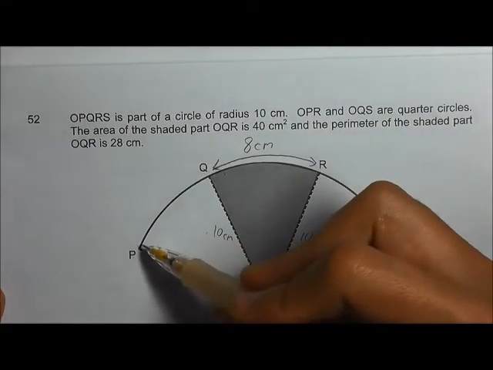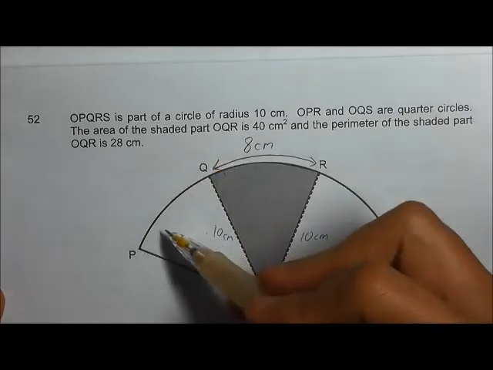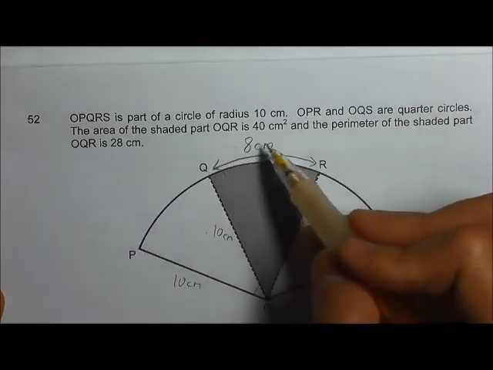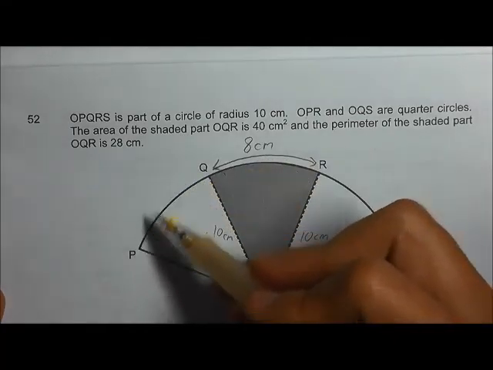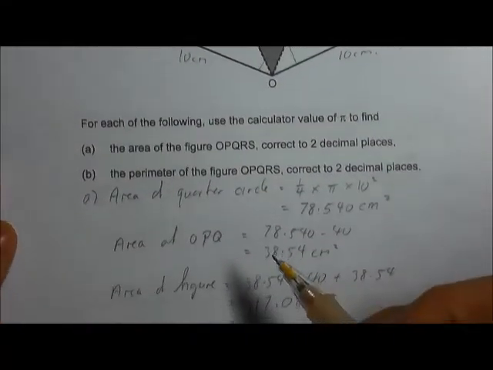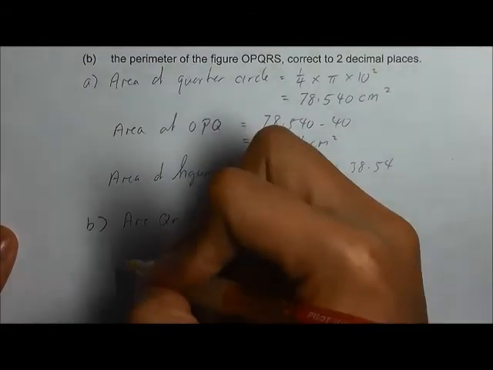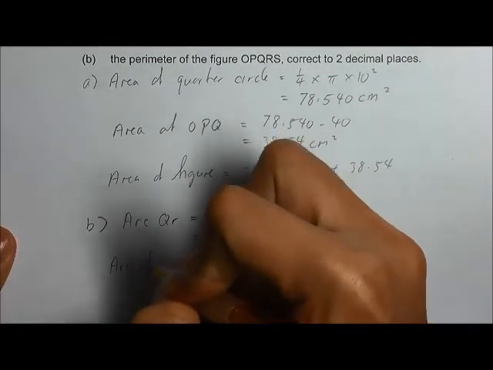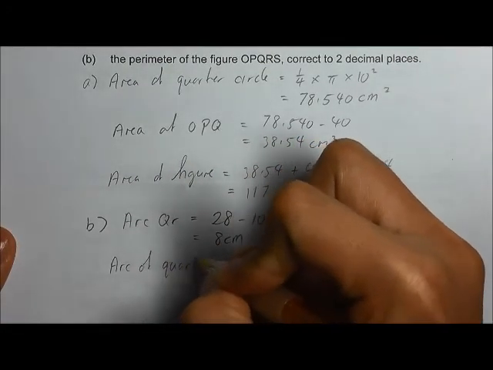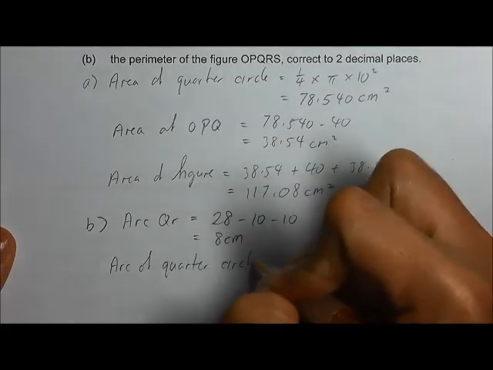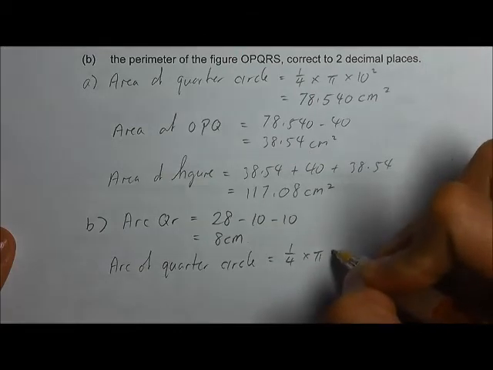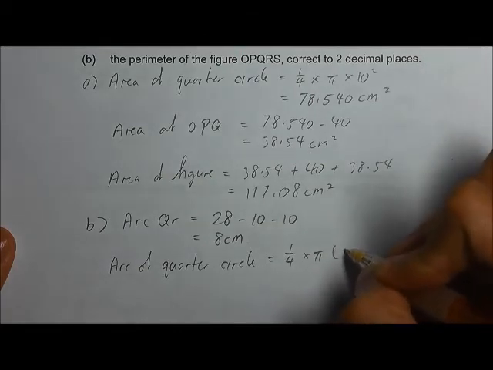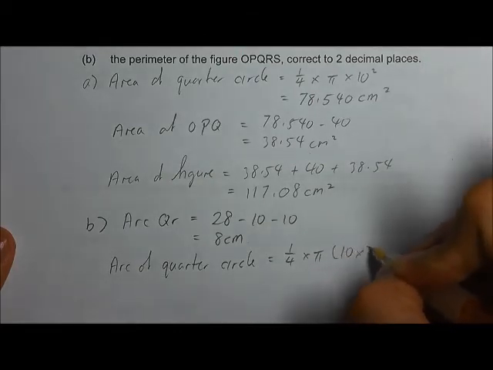So how do we find arc PQ? We can find the arc of the quarter circle, then we minus 8 cm, and that will be the arc PQ. Arc of quarter circle will be 1/4 times pi d, and the diameter should be 2 times the radius, 10 times 2.